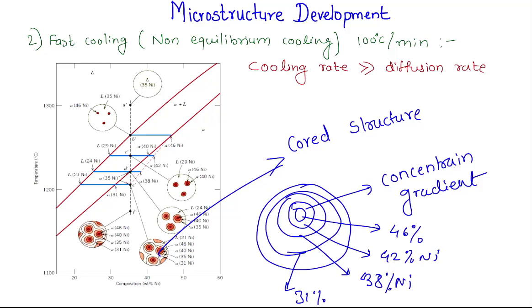In that process, the cooling rate is very high compared to the diffusion rate, so atoms will not get sufficient time for diffusion, and whichever gets solidified first, that concentration will not change at a later stage. First one will solidify, then the outer layer will have another concentration, then the third layer will have another concentration, like that. So you will see it one by one.